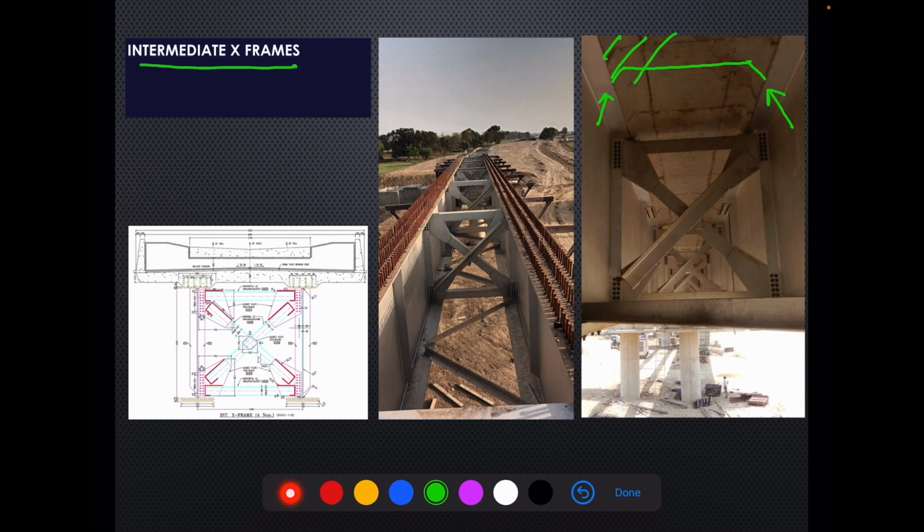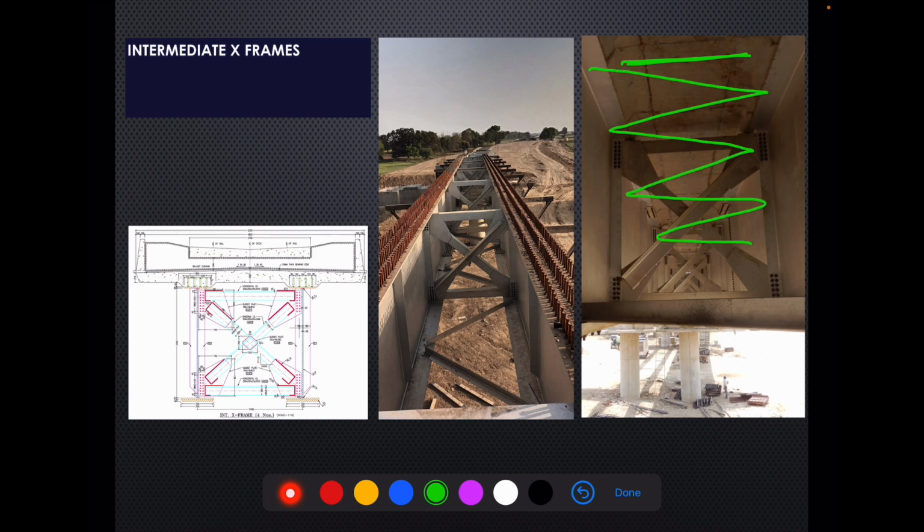So this is all concrete. As both the plate girders are already connected with the help of this deck slab, we do not need top lateral bracing members at the top.